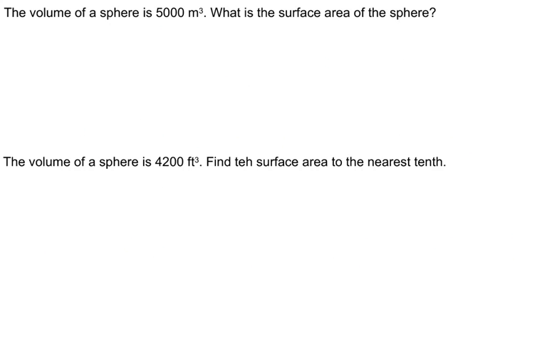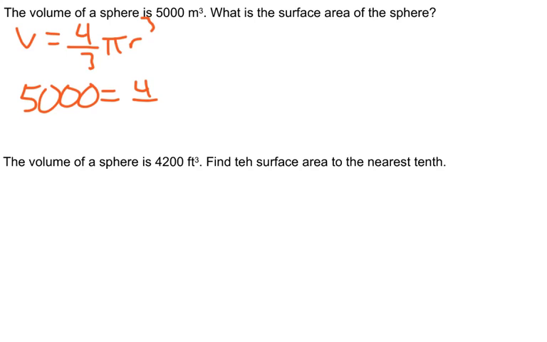The volume of a sphere is 5,000 cubic meters. What's the surface area? So here it tells us nothing about the radius, but it does give us the volume. And again, volume is 4/3 pi r cubed. Well, it tells us that it is 5,000. So we have 5,000 is equal to 4/3 pi r cubed.